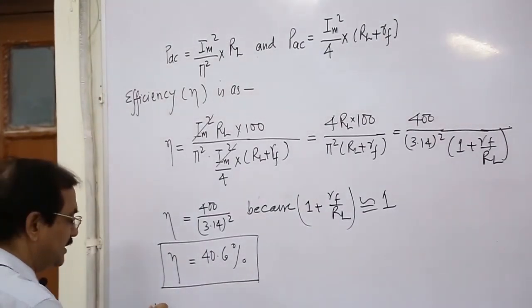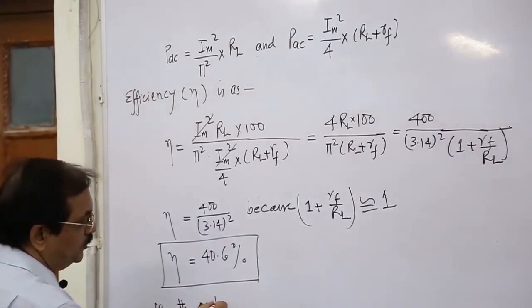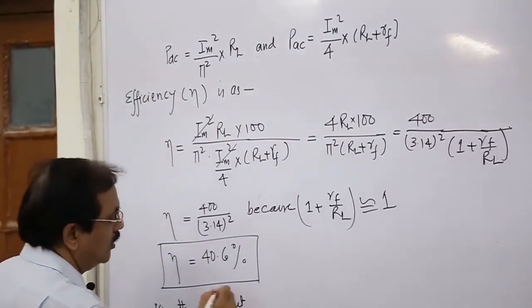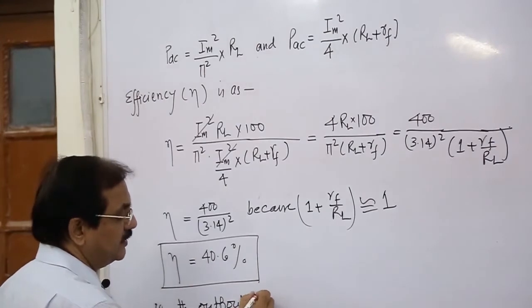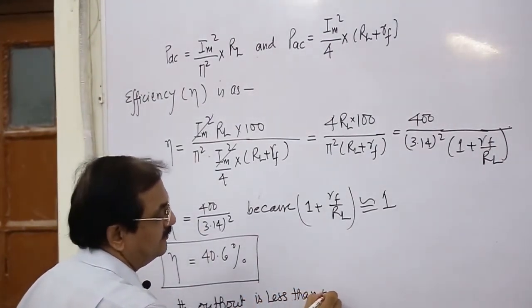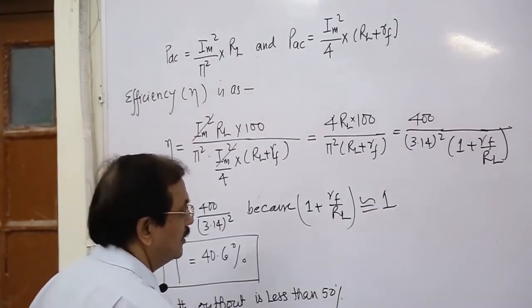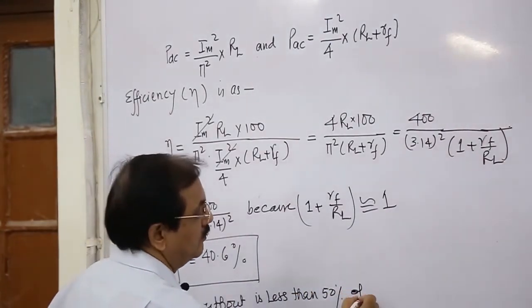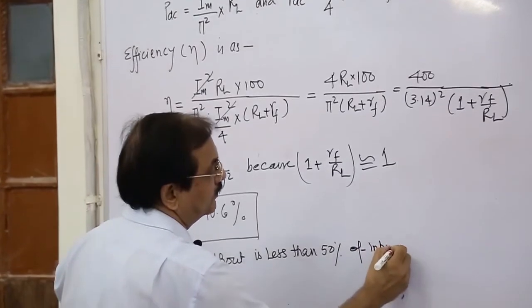So, this value indicates that the output power is less than 50% of input power.